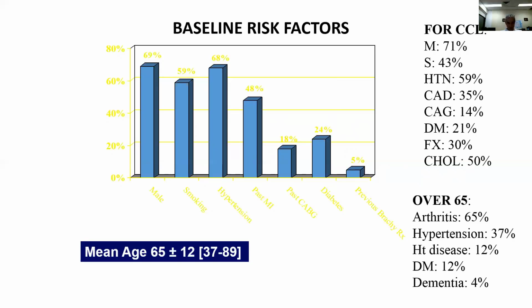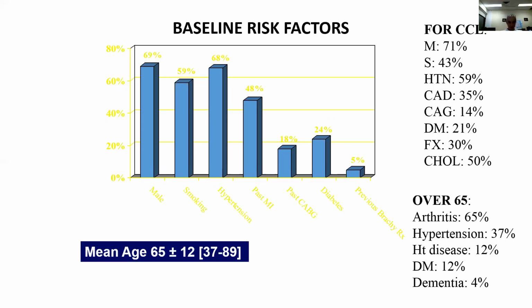And this is a small group that was included as part of this study, which had previous brachytherapy, a discontinued practice, radiation treatment for coronary artery disease, not successful. And I've added here for our group, 30% had a family history of coronary artery disease and 50% had high cholesterol. All these pre-existing conditions or comorbidities or risk factors make for a sick patient population.